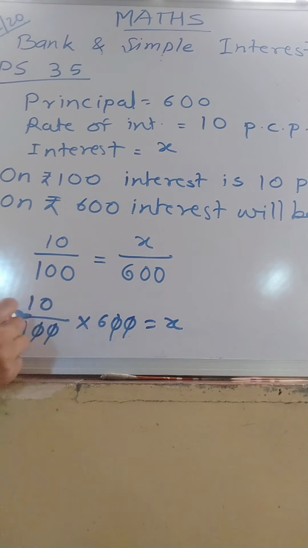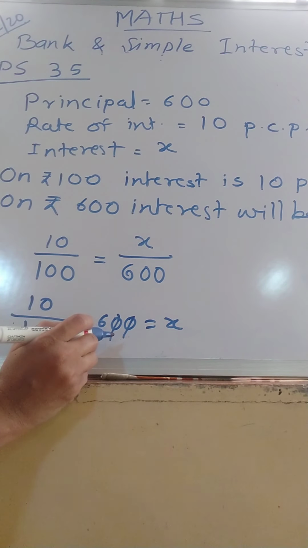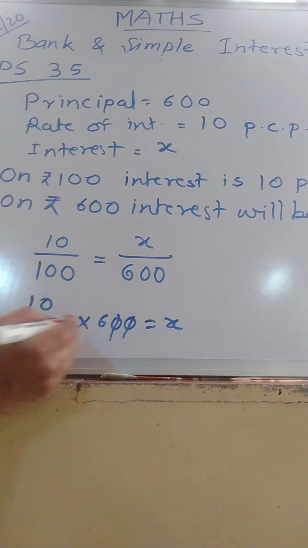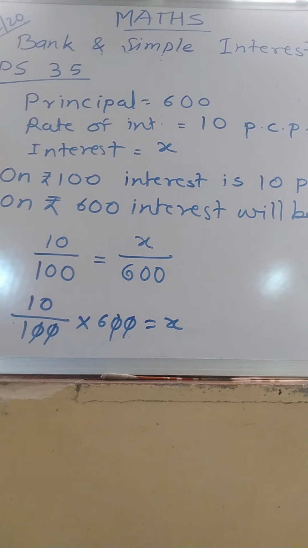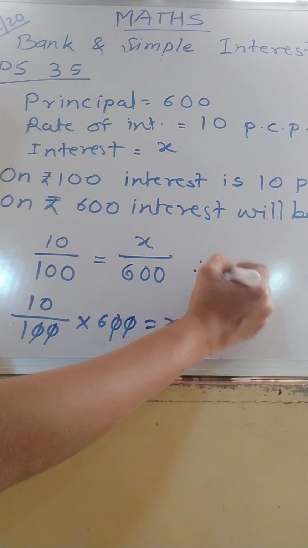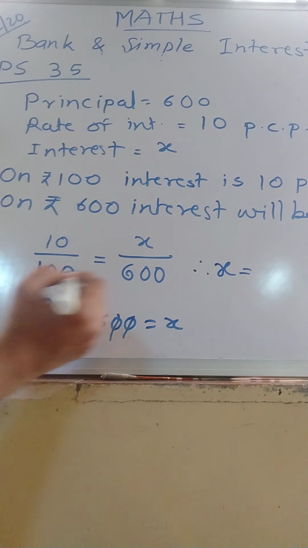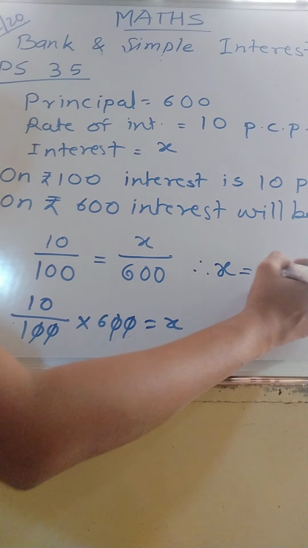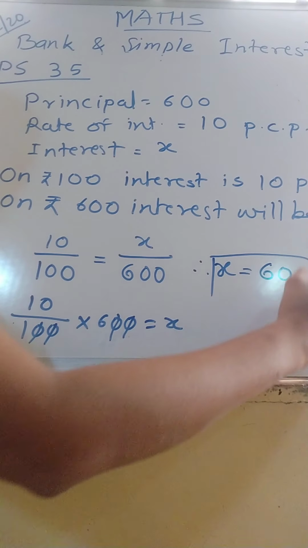See, now this is multiplication of fractions. When multiplying fractions, we multiply numerator with numerator, denominator with denominator. When there is no denominator, the denominator is 1 and the numerator is 6. So your X is equal to 6 tens are 60, and this is your answer.